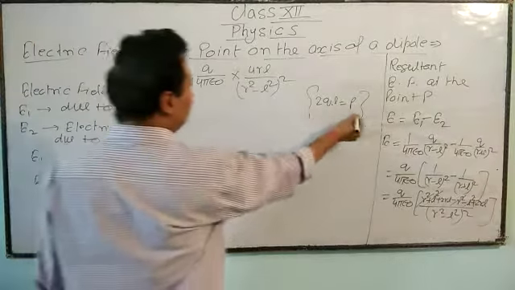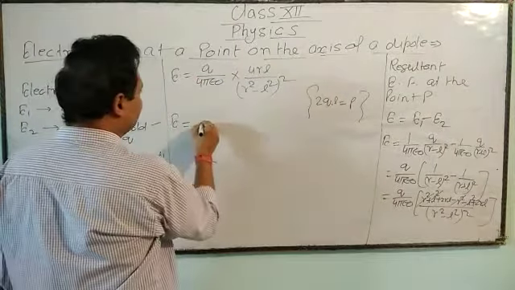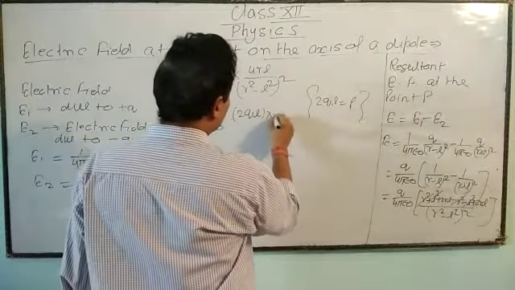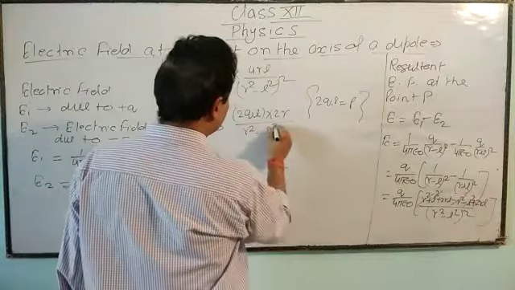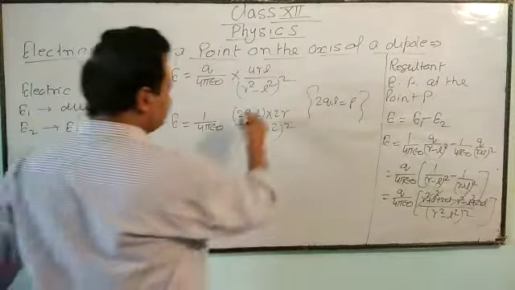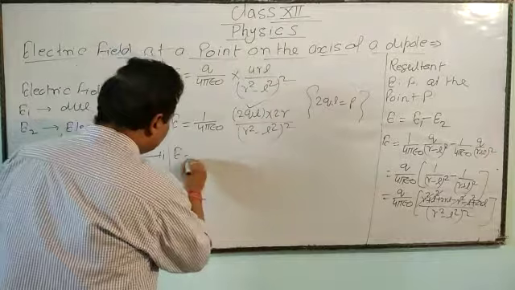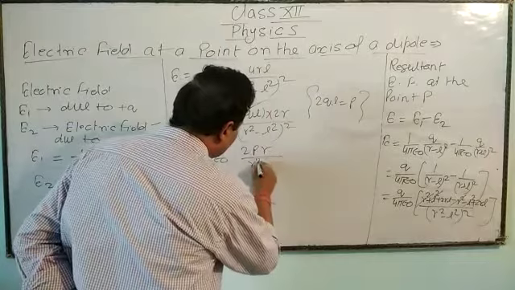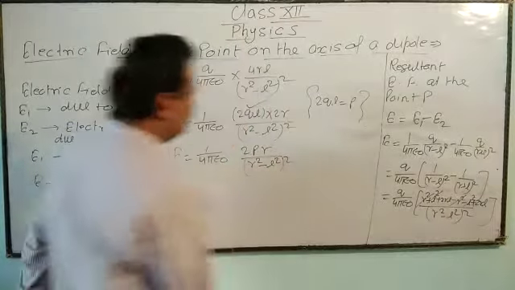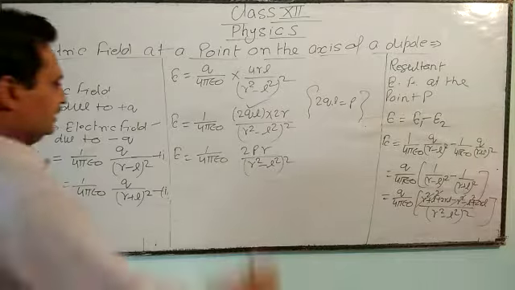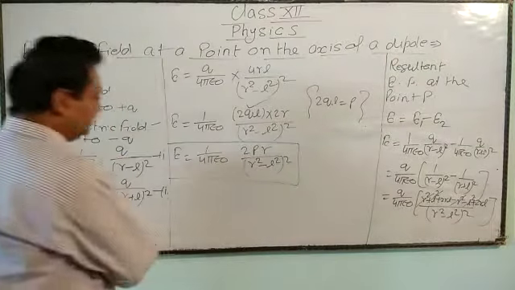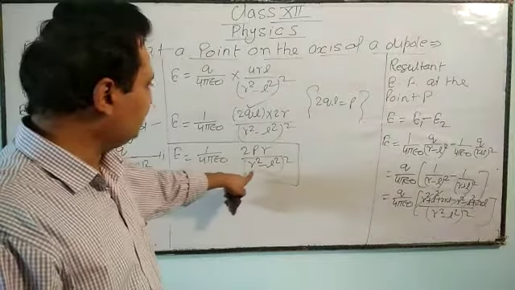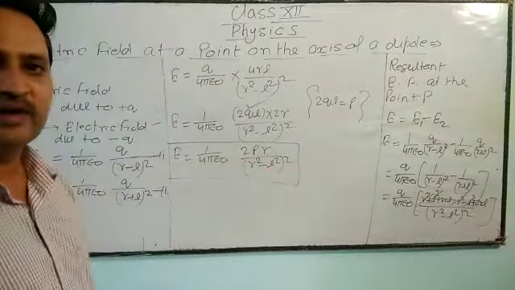So substitute the value of p as 2qL in this expression: 1 upon 4 pi epsilon naught, in bracket 2qL into 2r upon r square minus L square the whole square. This 2qL is p. So the electric field equals 1 upon 4 pi epsilon naught 2pr upon r square minus L square the whole square. This is the electric field at the point P.